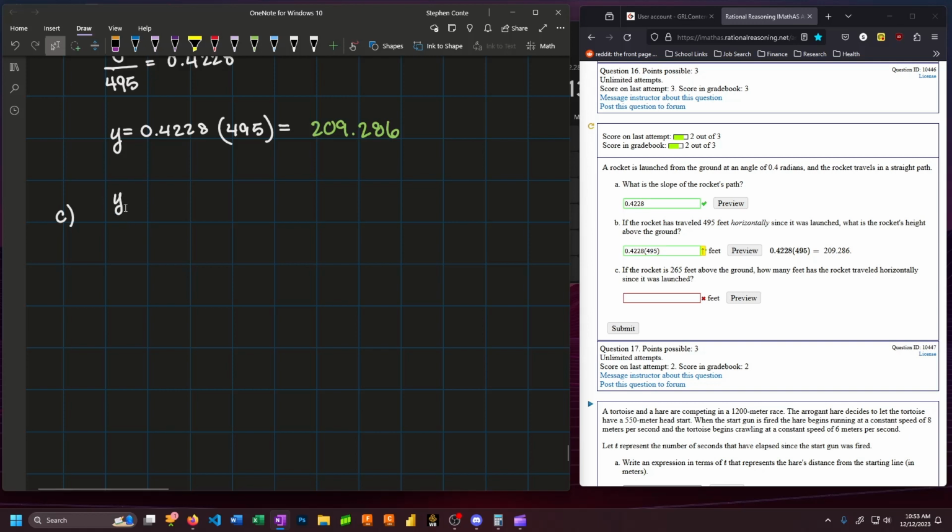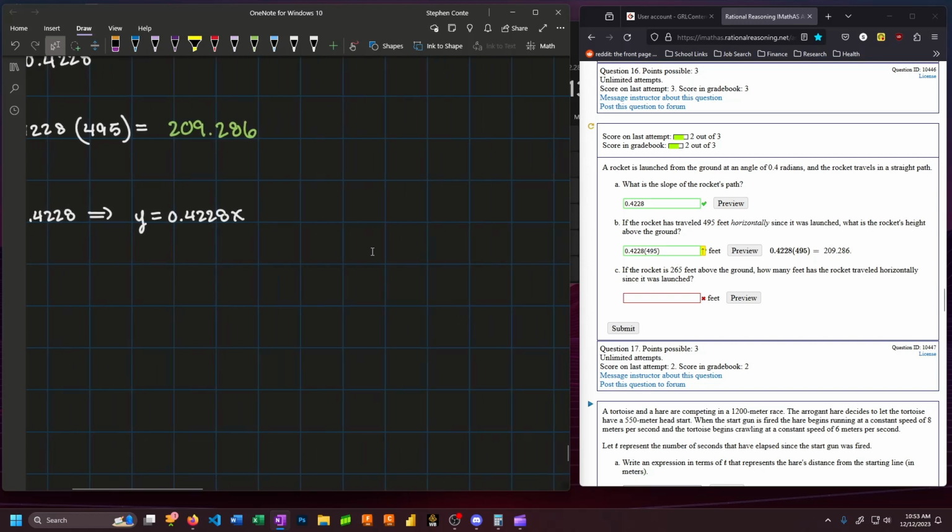So now I have y over x is equal to our slope, or y equals 0.4228x, and I know y, I want to find x, so we can plug in the value for y that we have. So 265 is equal to 0.4228x. From here, all I would need to do is just divide by 0.4228 on both sides.